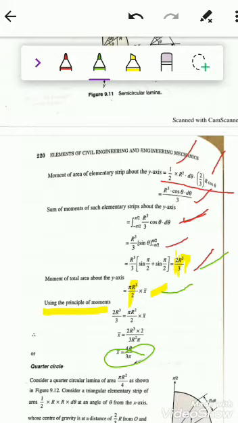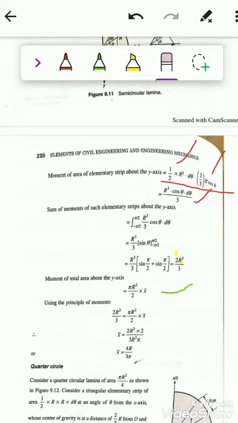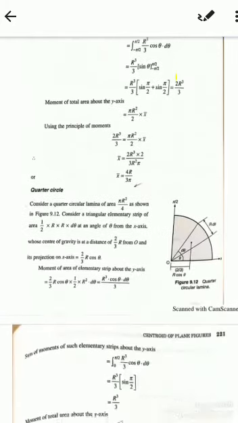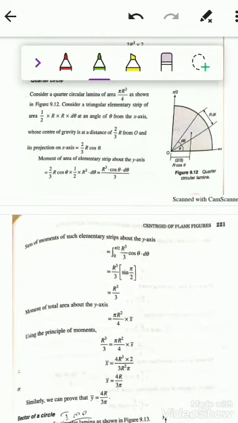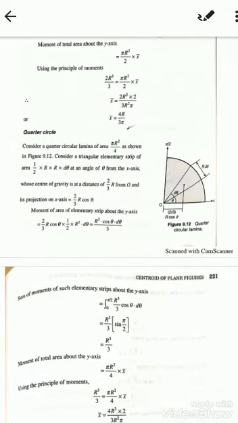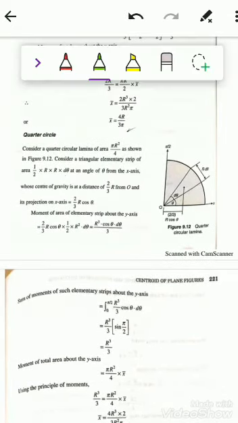So let us discuss how you are going to calculate the centroidal value for a quarter circle. Here also it is the same thing; there is not much change between the semicircle derivation and the quarter circle derivation. The main difference is the area here.